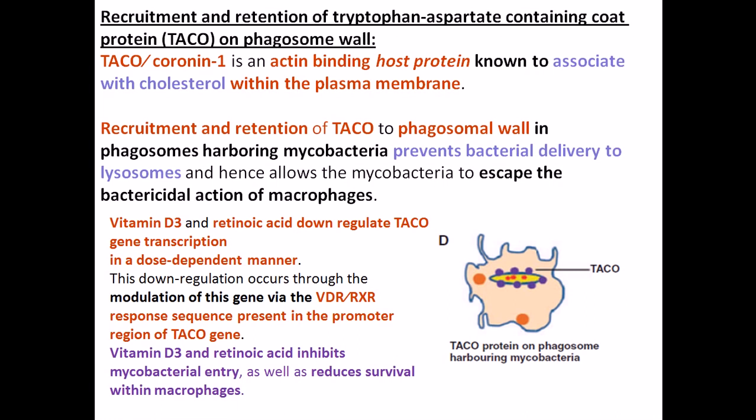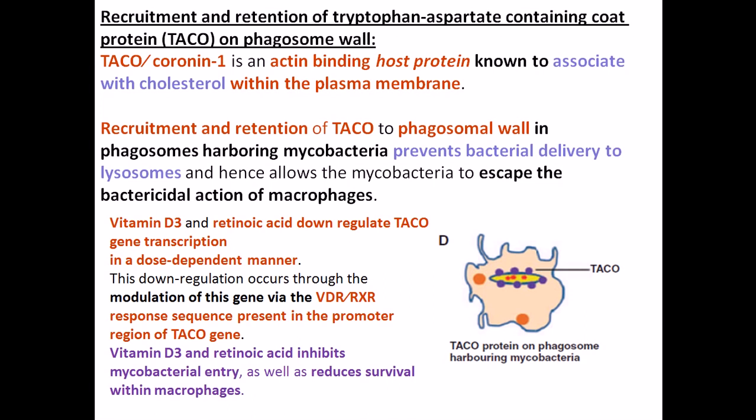As TACO is present on the surface of the endosome where the bacteria is inside, that endosome is kind of modifying the actin cytoskeleton, because we know for each and every movement of vesicles inside the cell it requires the actin cytoskeleton, because it's the movement of that vesicle on the actin cytoskeleton that brings that particular vesicle from one place of the cell to another place of the cell, right?